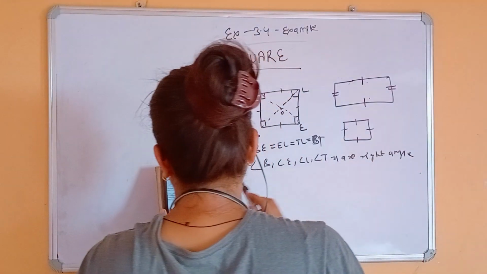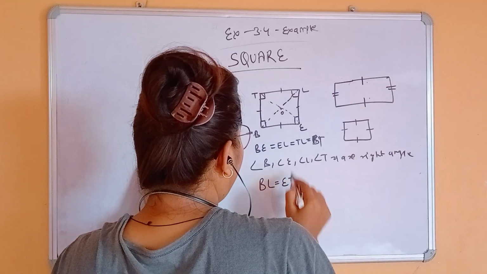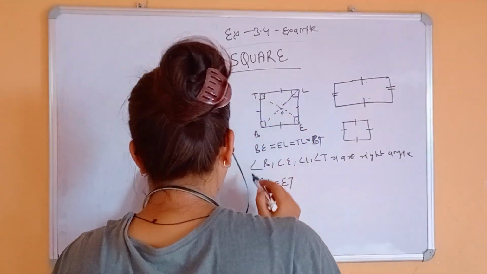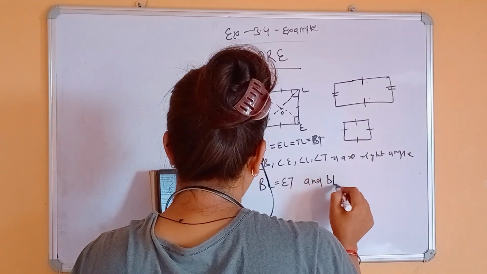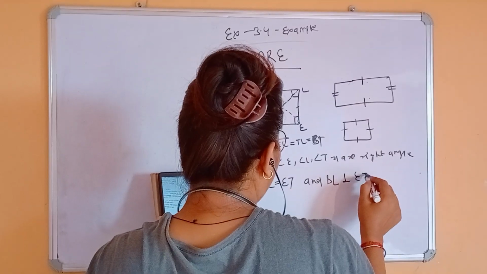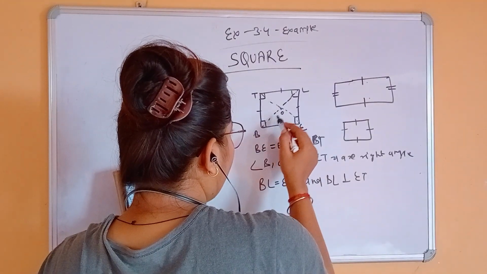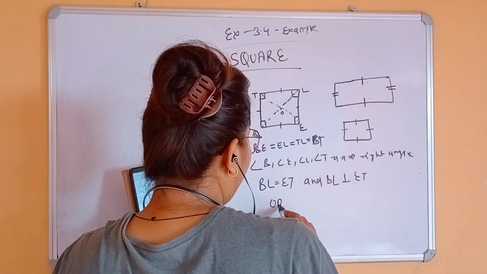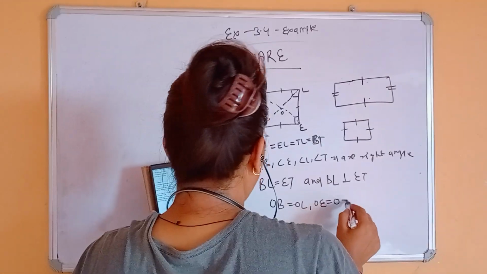Also write BL equals ET, the diagonals. BL is perpendicular to ET. So OB equals OL, half diagonal, and OE equals OT.